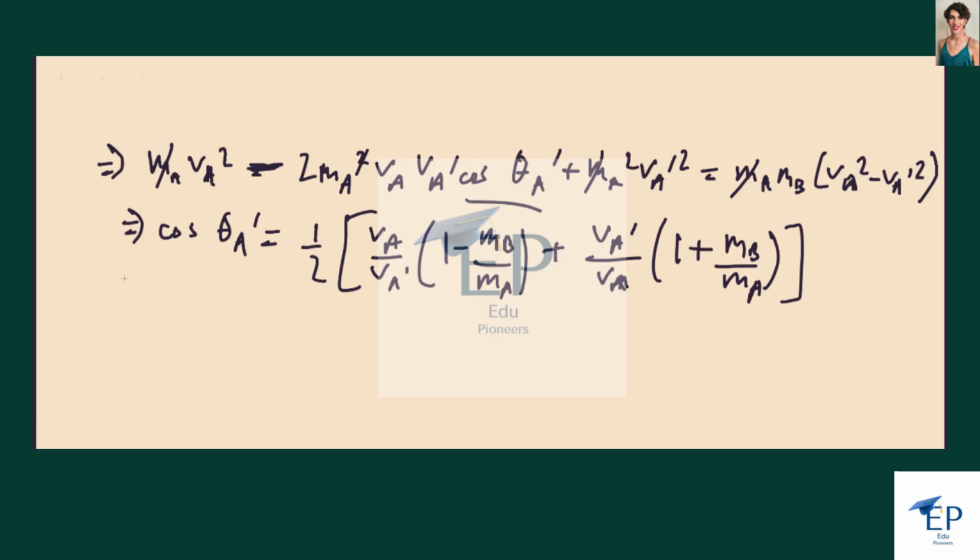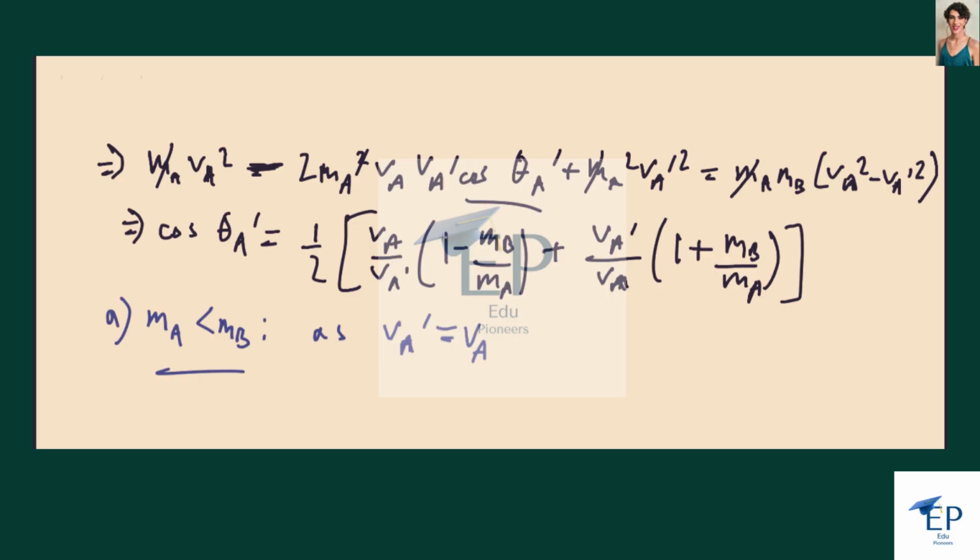And so to answer part A, to show that theta A prime can take certain values, we note that MA is less than MB. And so what we see here is that as VA prime equals VA, you get the cancellation.